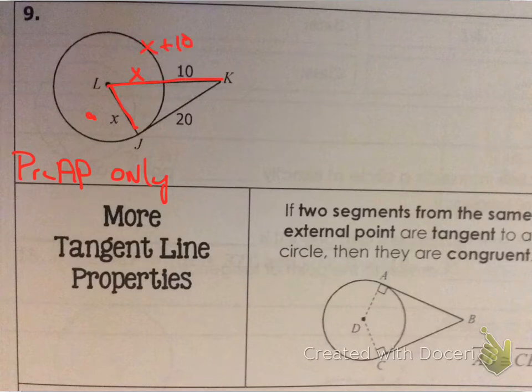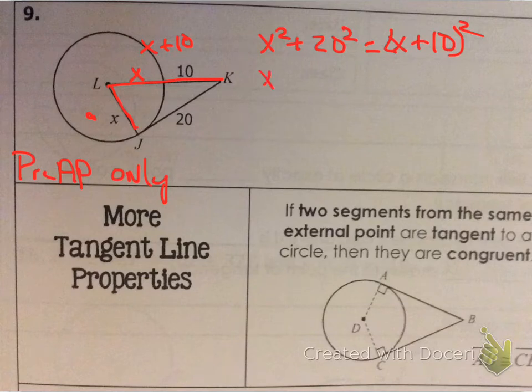So I have here x squared plus 20 squared is equal to x plus 10 squared. This is something you might see in Algebra 2, where you'd have x squared plus 400 is equal to x squared plus 20x plus 100.